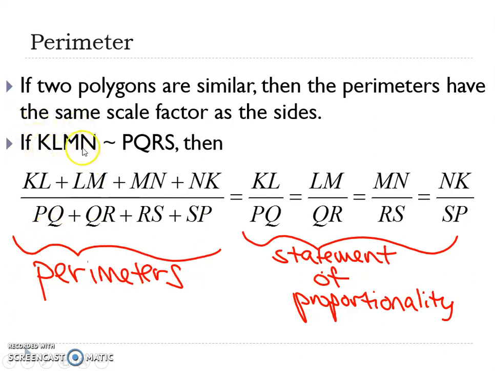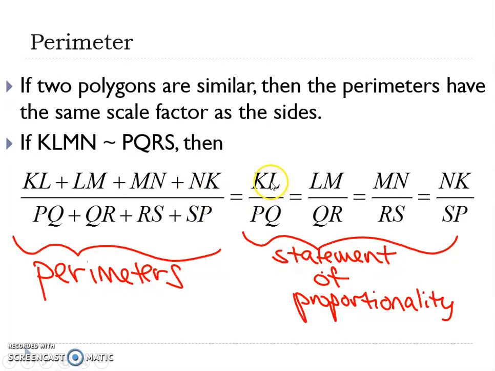So add up all the sides for the first quadrilateral, put that on top, and the perimeter of the bottom quadrilateral on the bottom. The ratio of the perimeters is going to be the same as the scale factor of the sides.